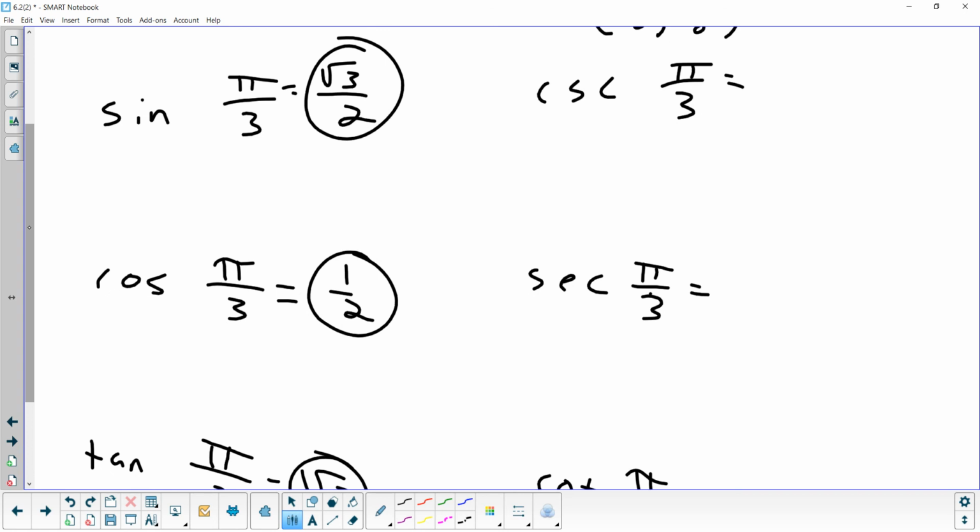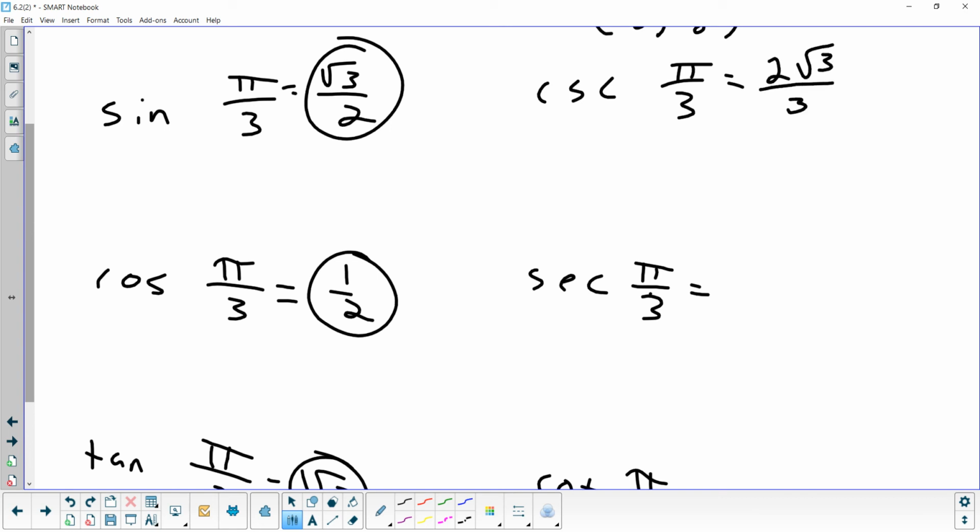All right. How about Tim? What's my cosecant? Your cosecant would be 2 over square root 3, so it would be 2 square root 3 over 3. Good.